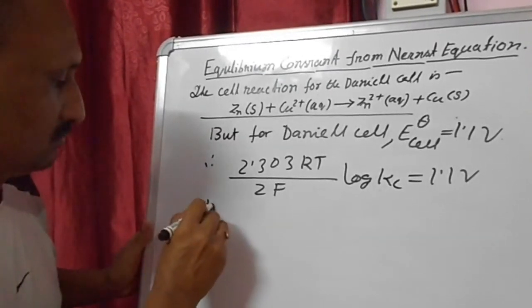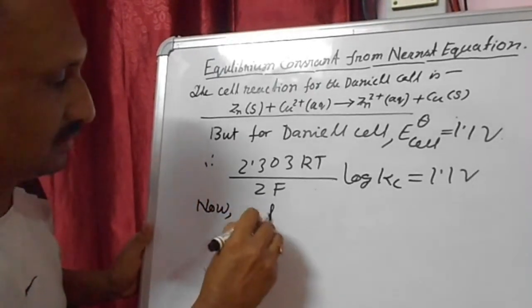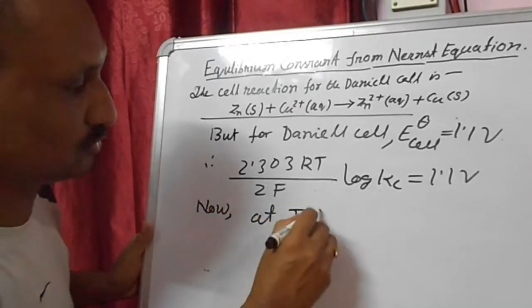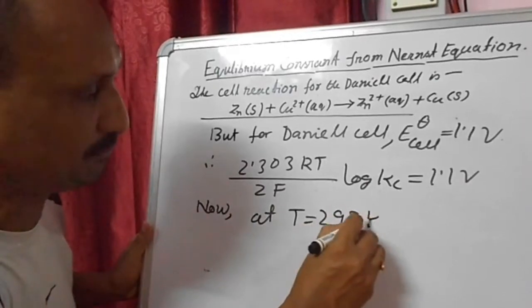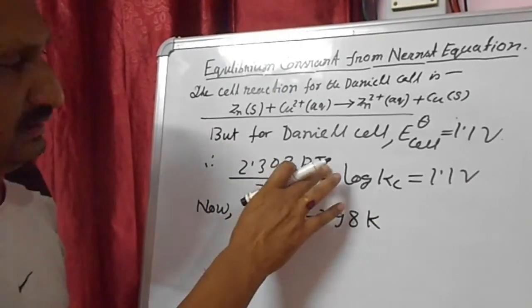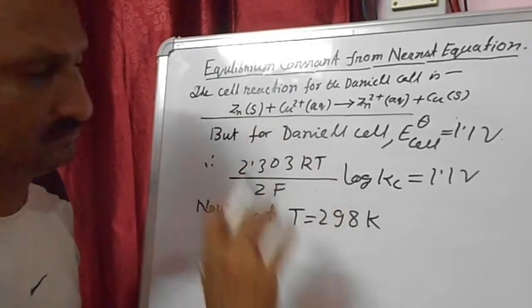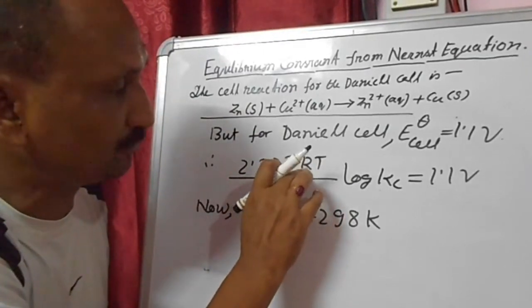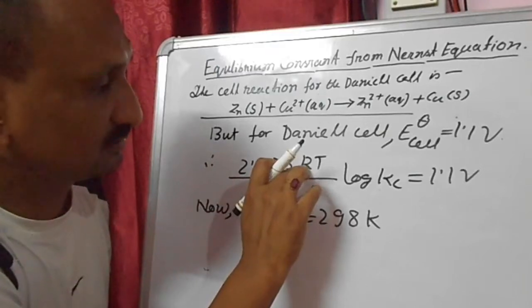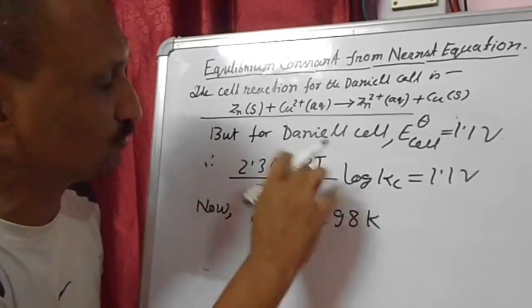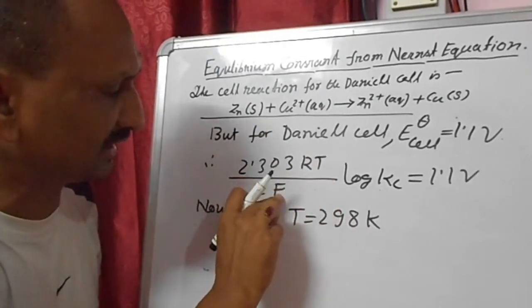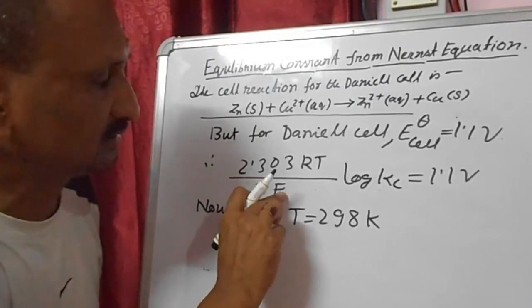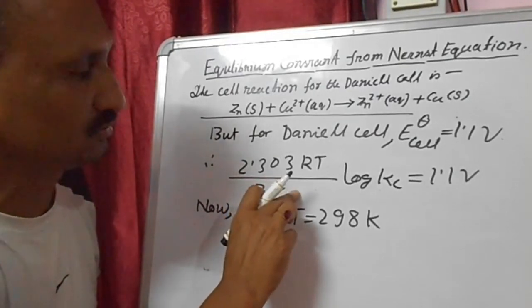Now at T equal to 298 Kelvin, that is room temperature, the R value is known, 8.31 joule per Kelvin per mole. The Faraday value is also a known constant, 96500 coulomb per mole.